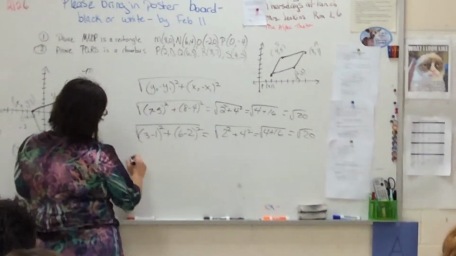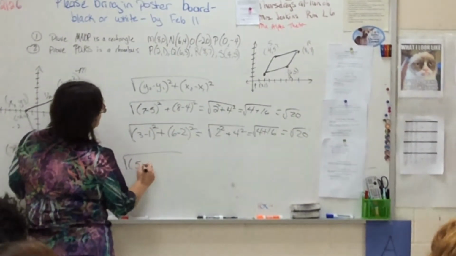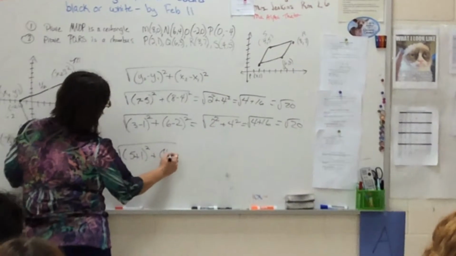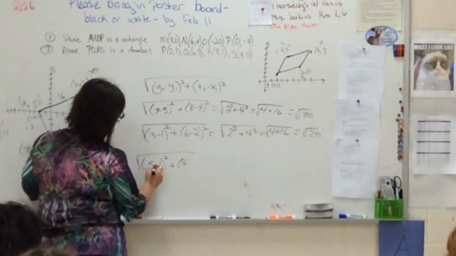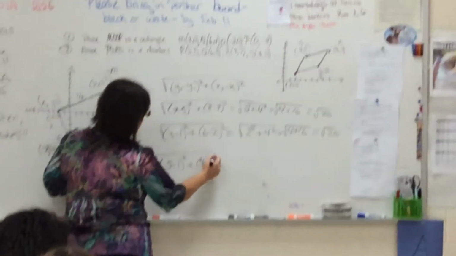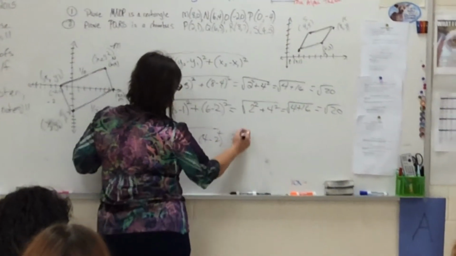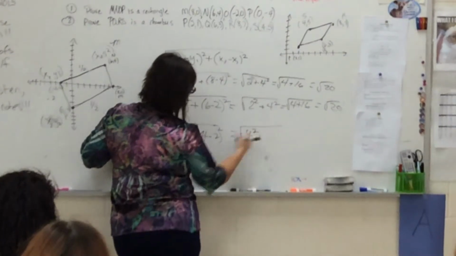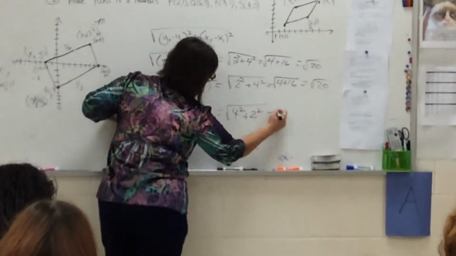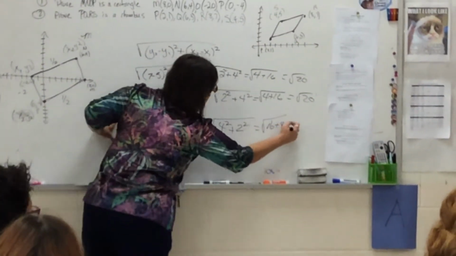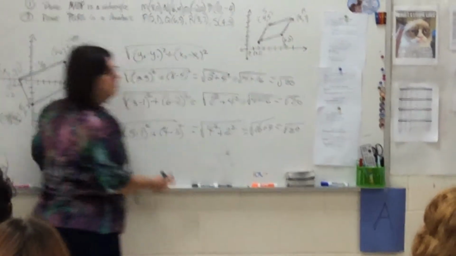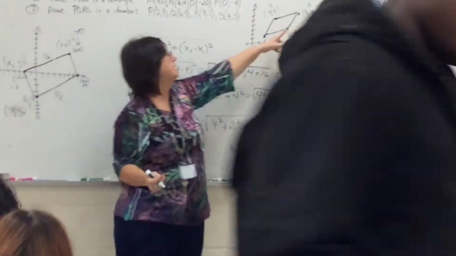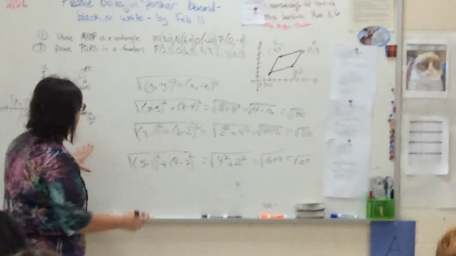So I'm going to say the square root of 5 minus 1 squared plus 4 minus 2 squared, which is going to be 5 minus 1 squared is 4, plus 4 minus 2 is 2, 16 plus 4. Hey, that side's the same as the other two sides. But we want to make sure that this side is the same as this one now.